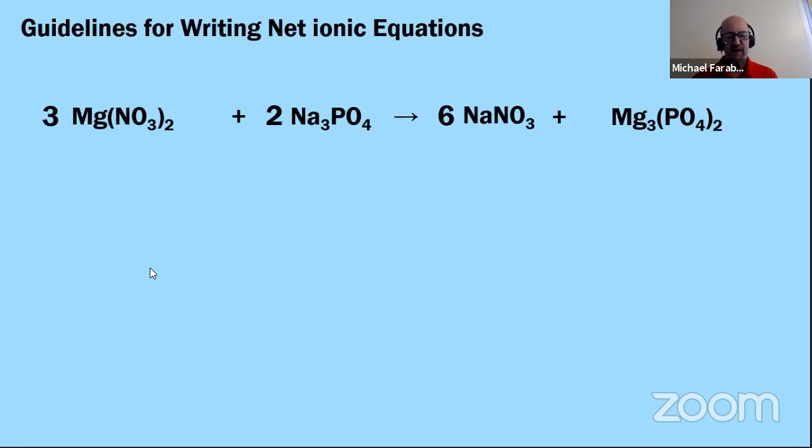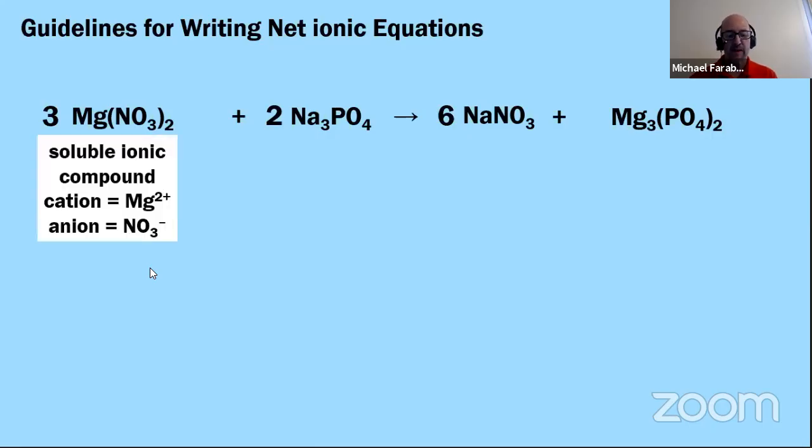All right, here's an example of magnesium nitrate and sodium phosphate. We saw this one earlier. Everything in this particular equation is soluble except for the magnesium phosphate. So nitrate ions are soluble. Compounds that contain sodium are soluble. So we have magnesium nitrate broken up into ions.